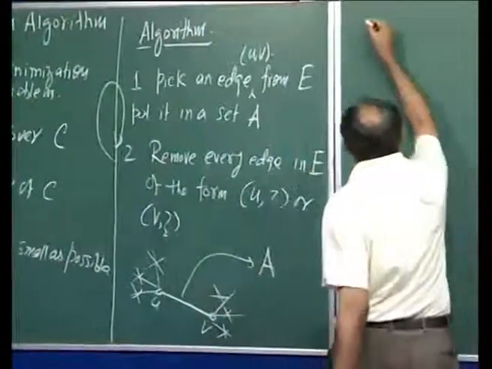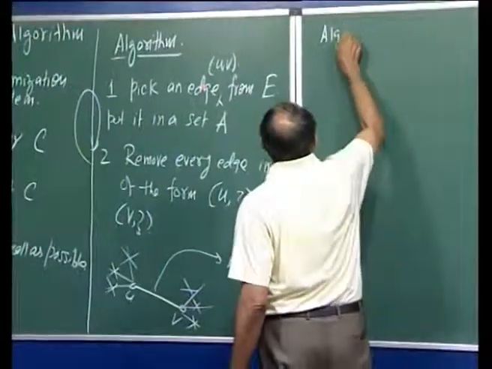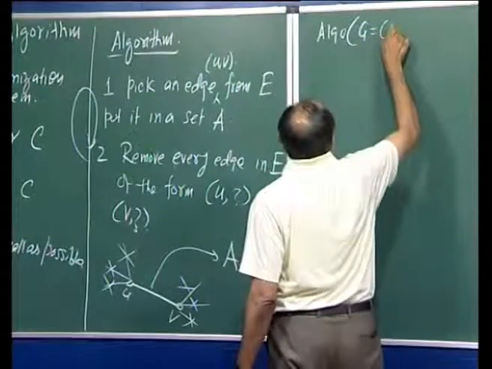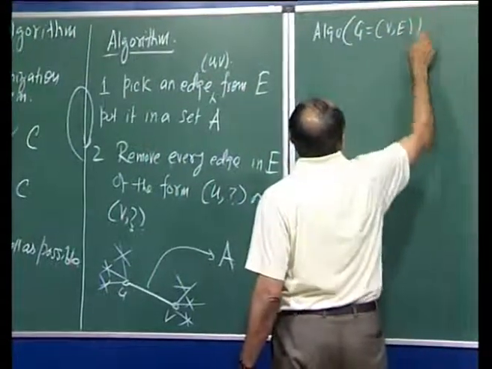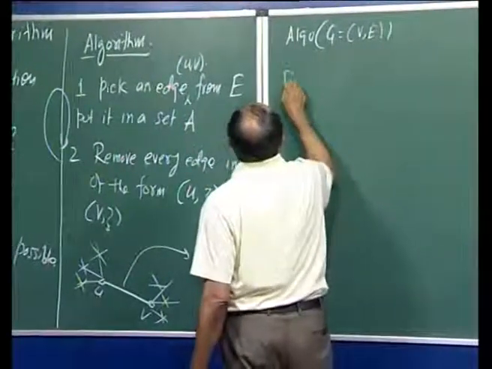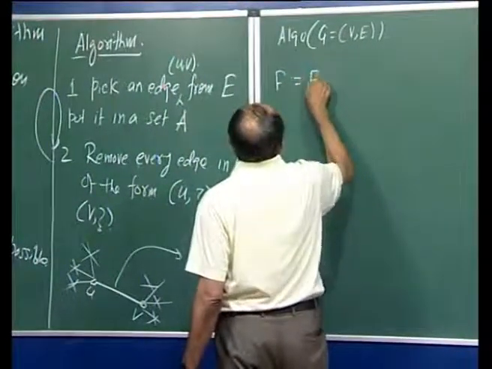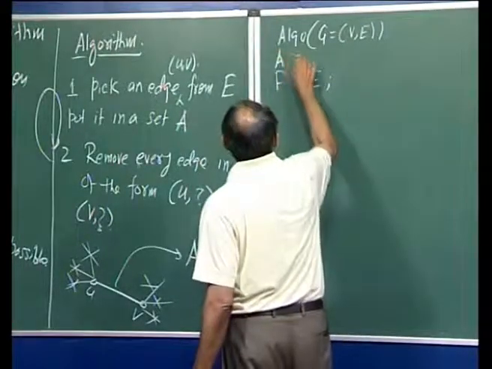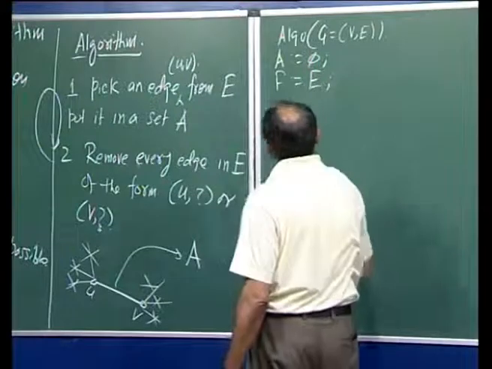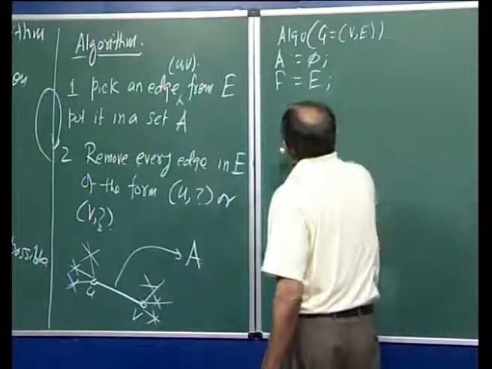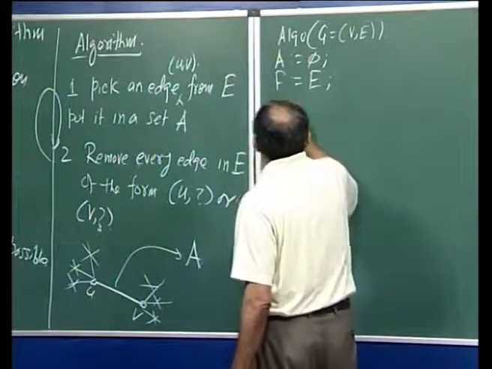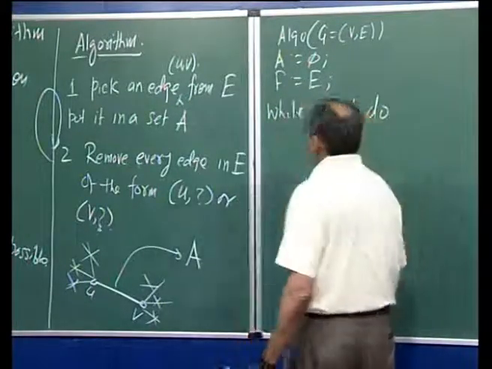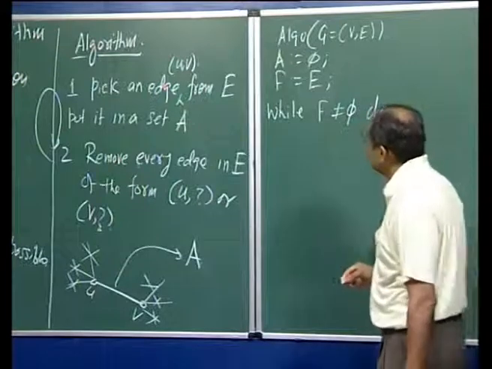So, to be more accurate, let us just write it down. Let us say F is E, we initialize a set A to be empty, and then while F is not empty, repeat these steps.